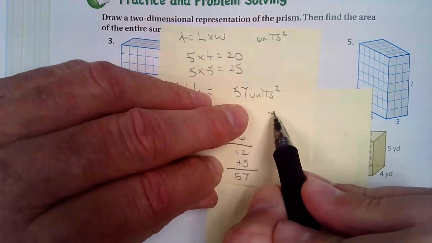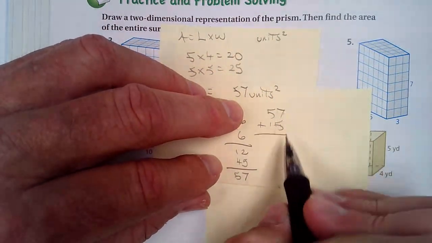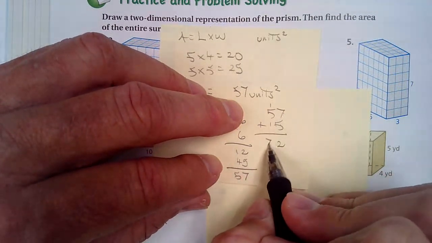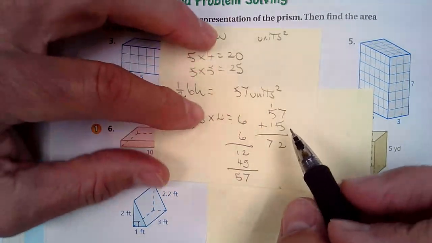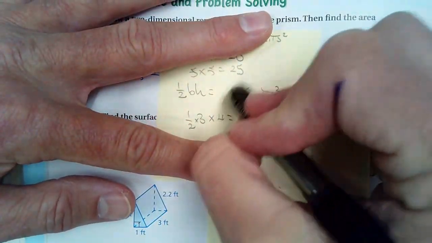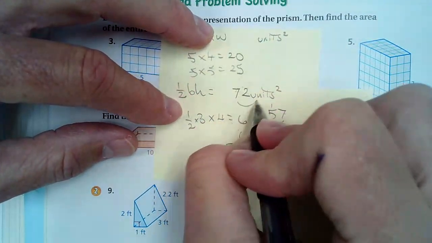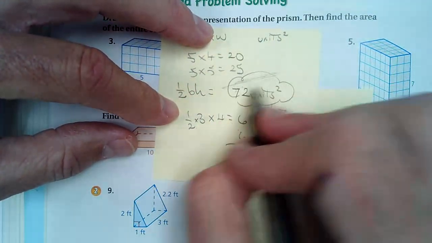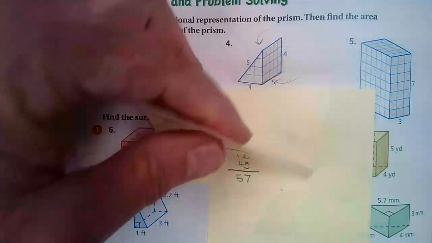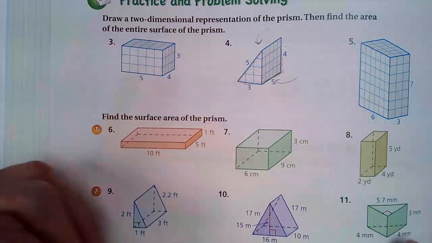We had 57 plus 15. That's going to be 12, carry the 1. So 72 units squared. That made a big difference. It sure did. I totally forgot the bottom. I knew we were missing something. That's why I didn't write the answer down.